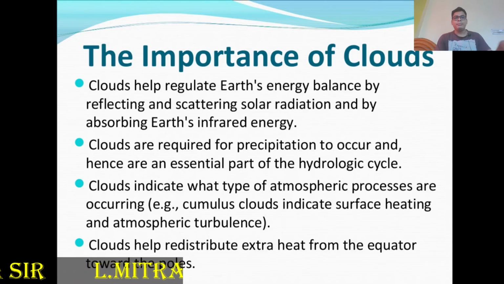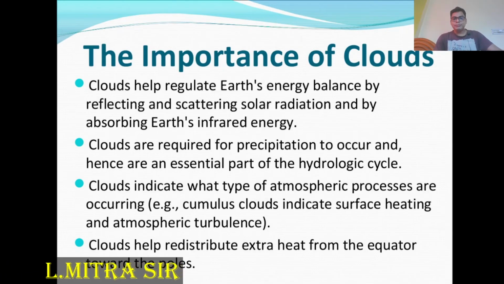Perhaps you know that clouds help regulate the earth's energy balance by reflecting and scattering solar radiation from the earth's surface. Clouds are required for precipitation to occur, and they are an essential part of the hydrological cycle, or water cycle.